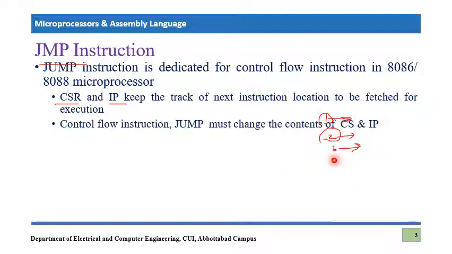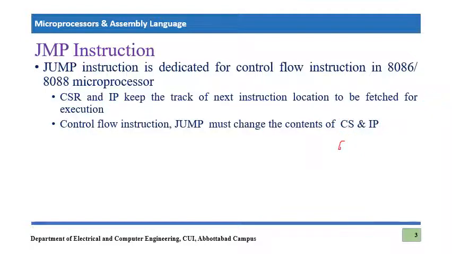For example, we know that the content of CS and IP was leading towards this instruction, CS:IP. But what we did, we changed the value of IP.